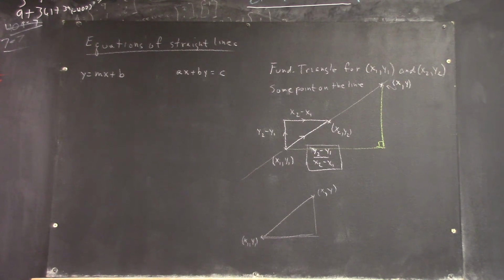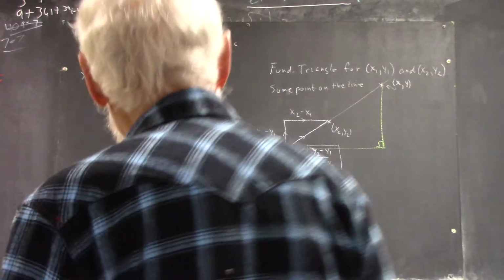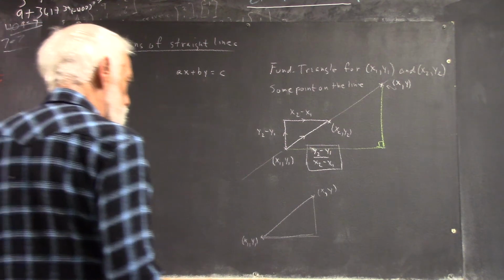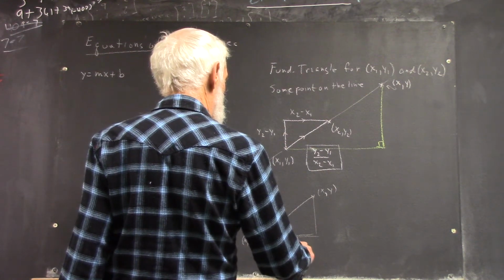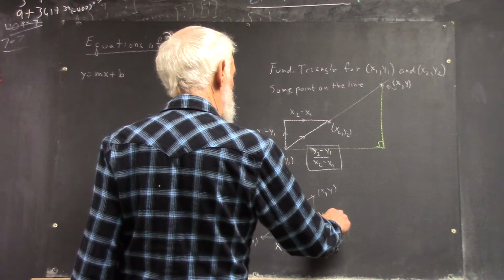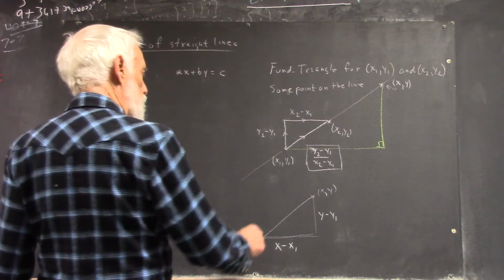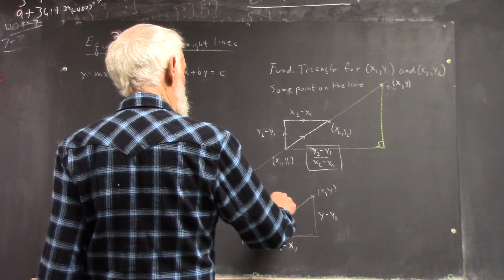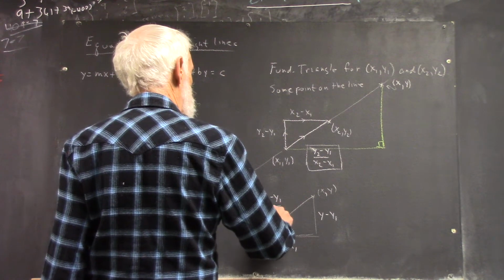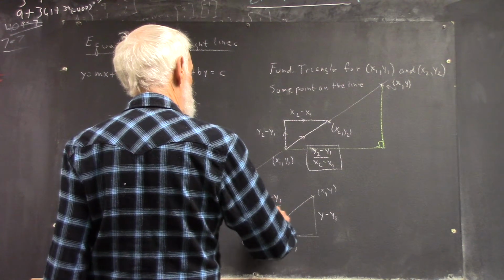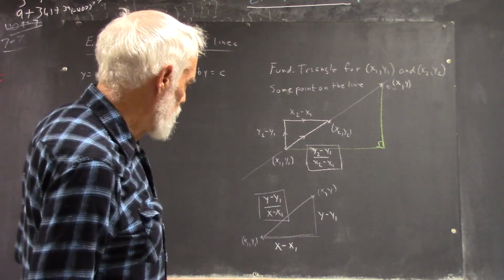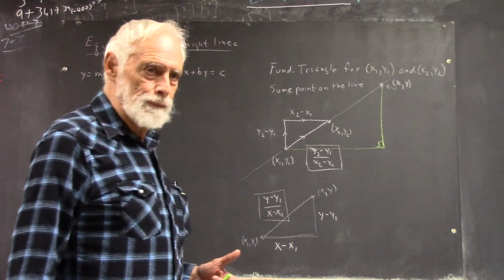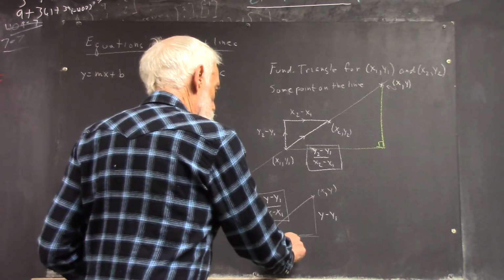I think most of you got it. If you didn't get it, you were close. This would be x minus x1. This would be y minus y1. And this would be y minus y1 over x minus x1, assuming you go in this direction.